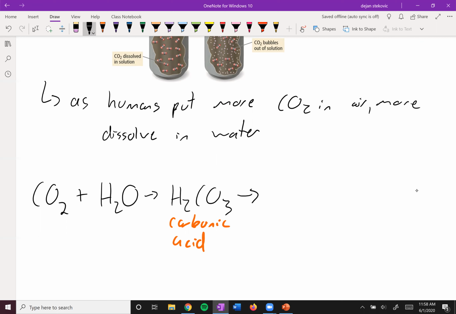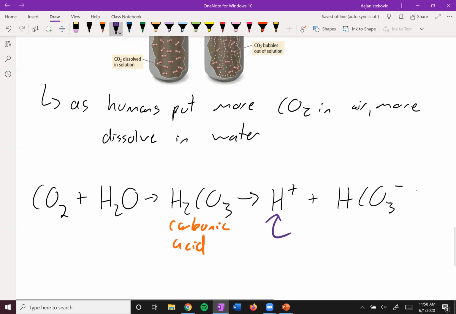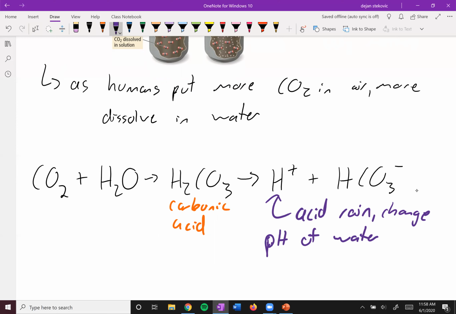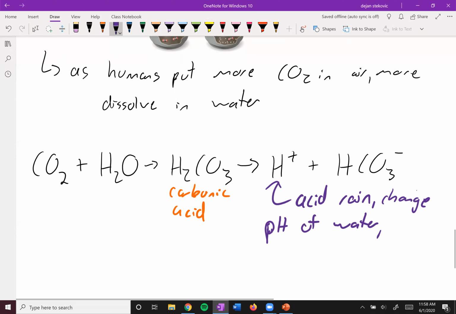And carbonic acid, as you may realize, is an acid. So it will react to release some H plus and some bicarbonate. This H plus, this acid, is part of the cause of acid rain, which helps destroy our environment, destroy our things. It'll change the pH in water. And so it'll have a whole bunch of environmental effects. Certain animals can only live in a certain pH range. So overall, there's bad environmental effects.